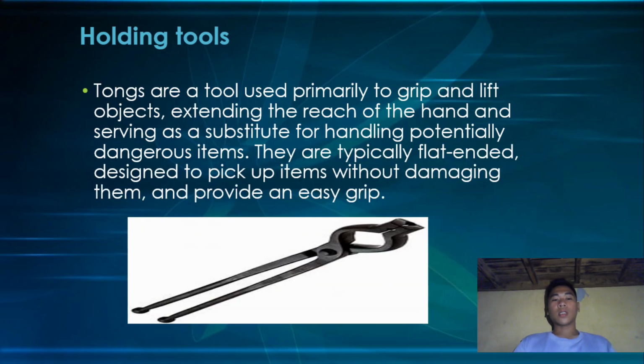The second one is tongs. Tongs are tools used primarily to grip and lift objects, extending the reach of the hand and serving as a substitute for handling potentially dangerous items. They are typically flat-ended, designed to pick up items without damaging them and provide an easy grip.